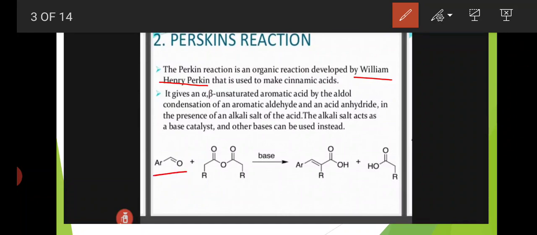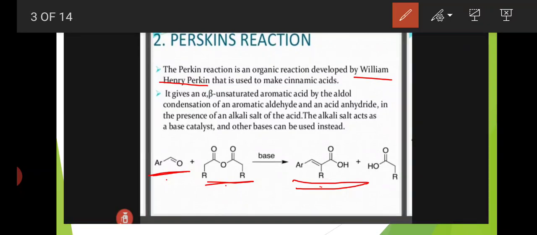Here we have the aromatic aldehyde and the acid anhydride in the presence of a base. They react with each other and give alpha beta unsaturated carboxylic acid.